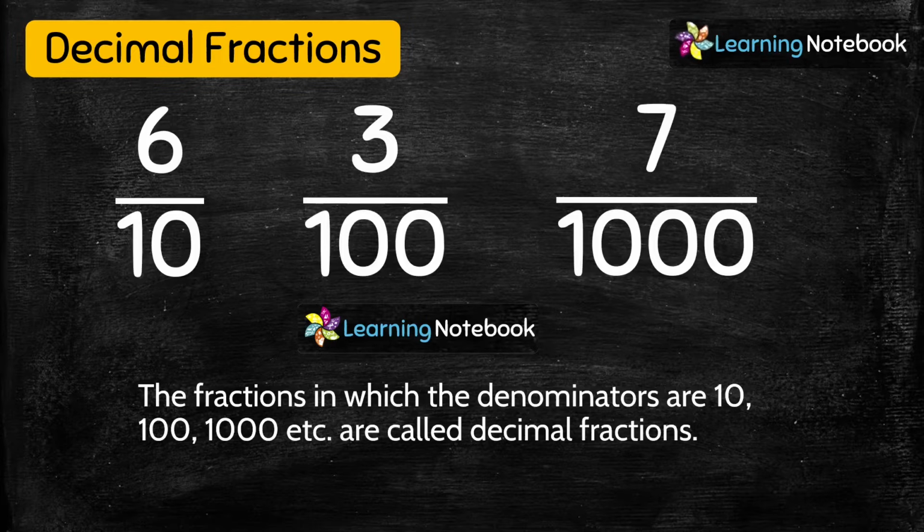And such fractions are called decimal fractions. For example, 6 by 10, 3 by 100 and 7 by 1000. These fractions have denominators 10, 100 and 1000. So these are called decimal fractions.